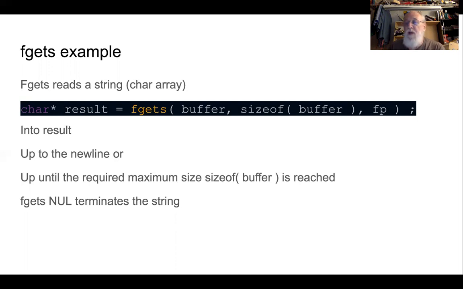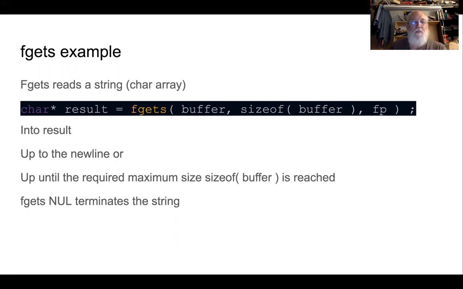We're going to talk about opening files in a little bit, but just assume that FP points to an open text file. And fgets goes into that file and copies bytes from the file into buffer. Now, buffer had better be relatively large, so it has room to hold the longest line in the file. And we're using the sizeof operator to make sure that fgets doesn't try to read more than will fit.